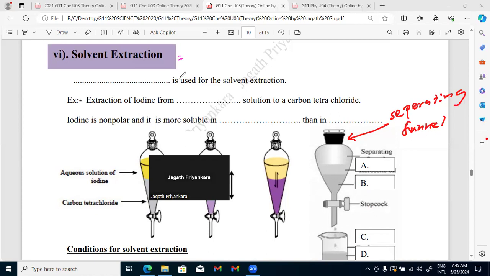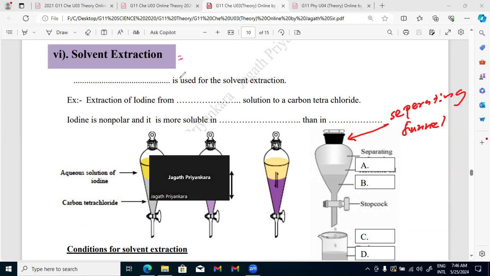So how to do it? In solvent extraction, we use a suitable solvent. We have an impure solution.